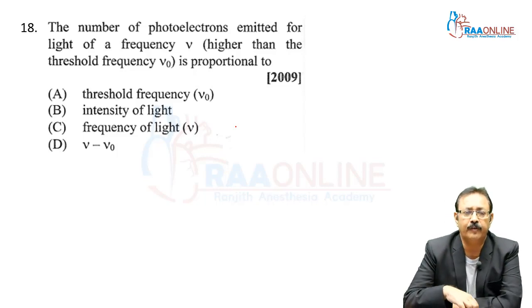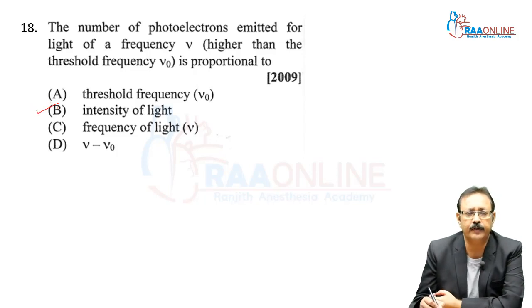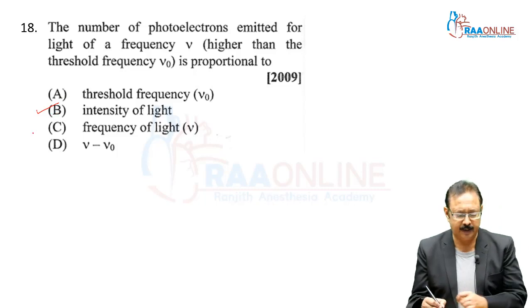So number of photoelectrons should be directly proportional to intensity of light. So we are going with option B. They asked this in 2009.